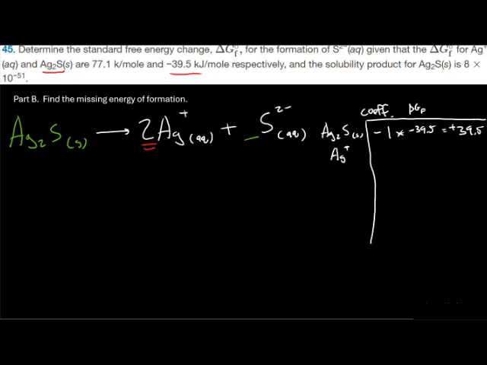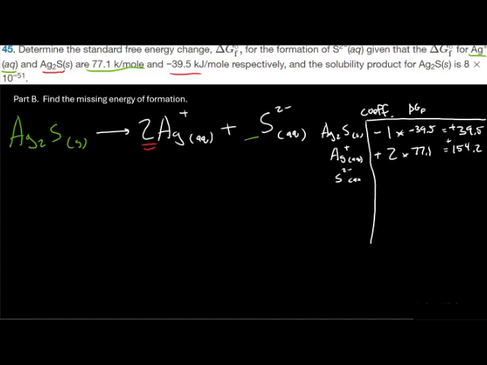For silver plus, aqueous, our coefficient here is 2, and it'll be positive because Ag plus is a product. The delta G of formation for Ag plus is also given as 77.1 kilojoules per mole. Multiply this together and we'll get 154.2, also positive.